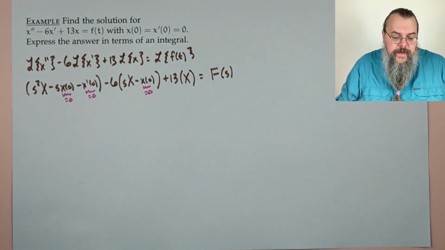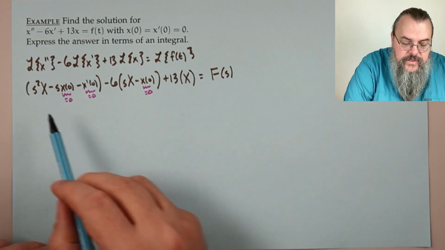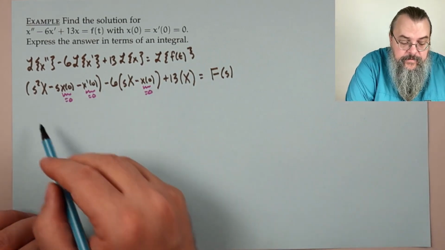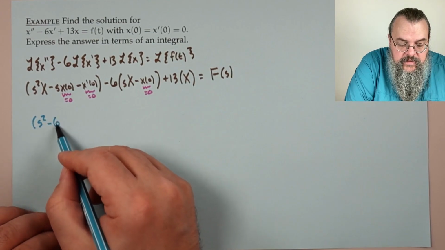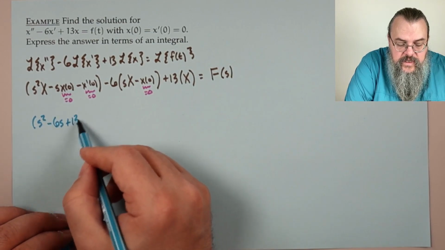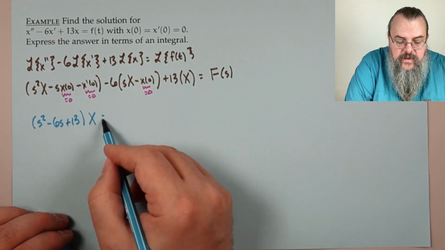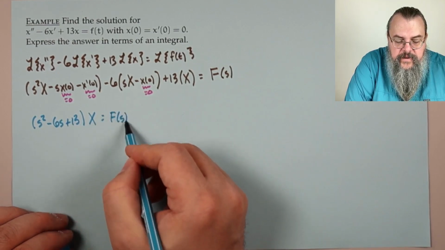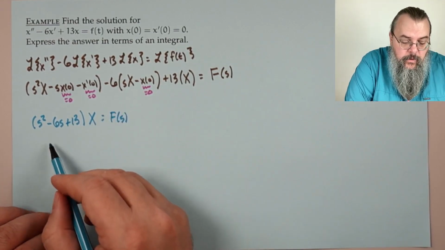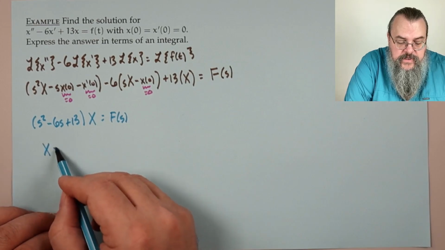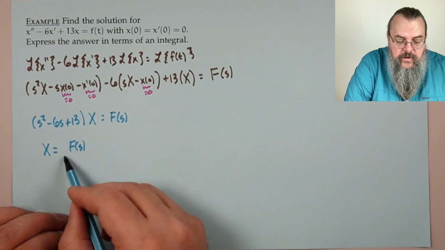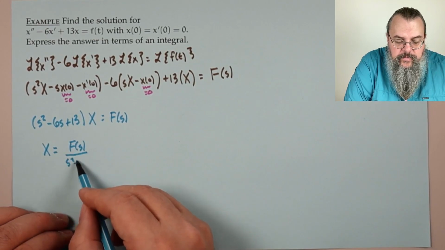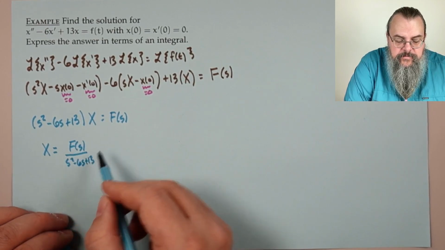Well, we have just the pieces with the x left. So that's our s squared minus 6s plus 13 times X equals F of s. Or our function X that we're after is F of s over s squared minus 6s plus 13.